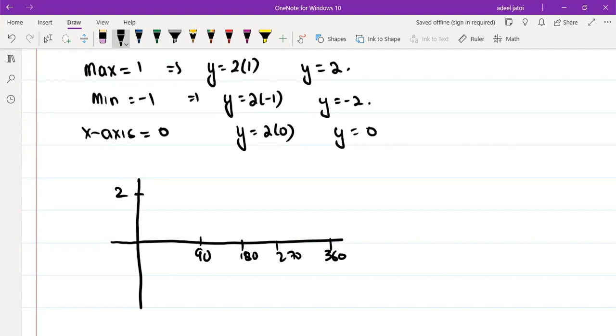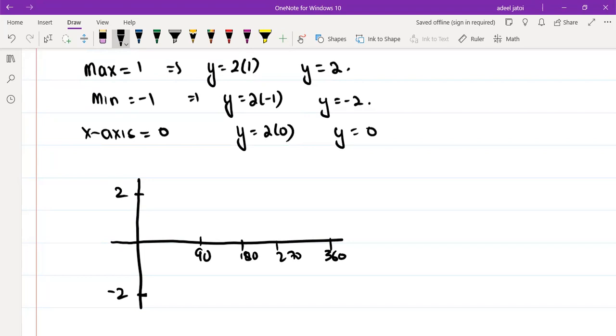Similarly, my minimum value that was -1 has been changed to -2. So I will write -2 here. That means I write down my changed maximum and minimum values.